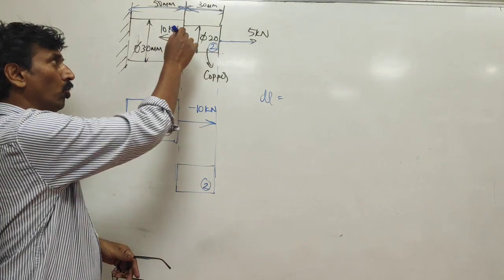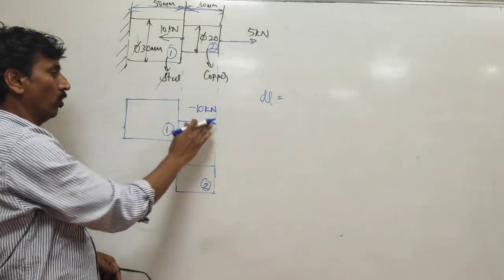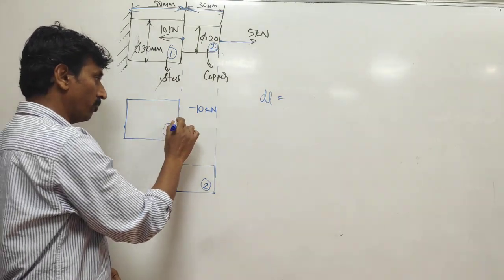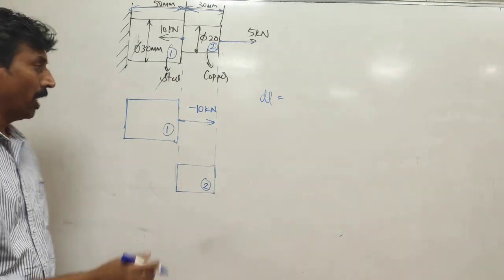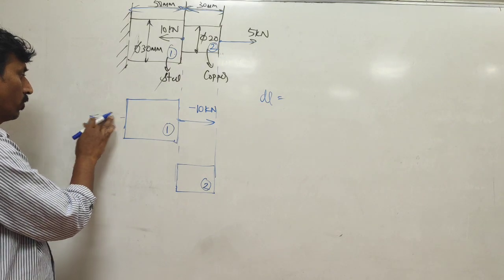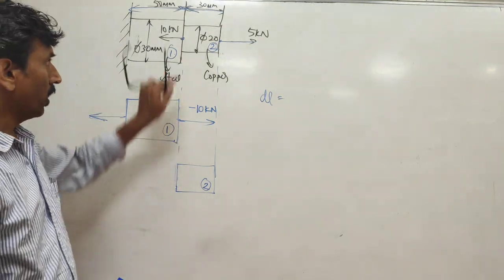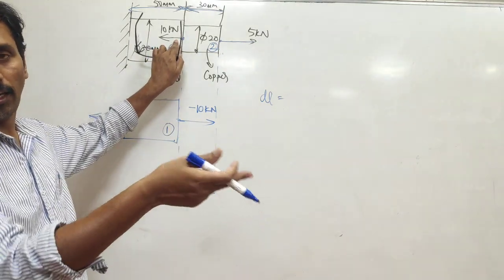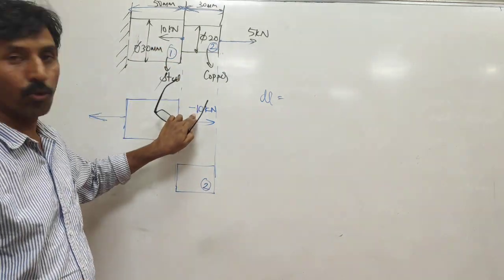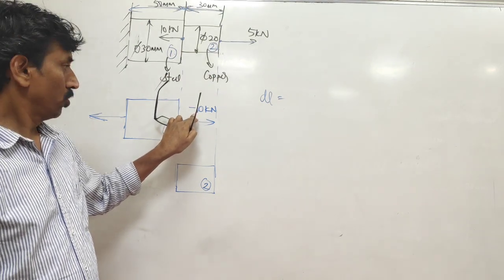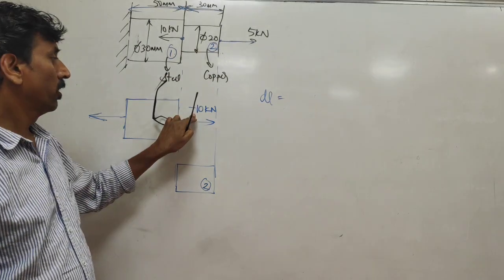Every time, the first thing you should do is draw an arrow mark facing outwards, which means it is acted upon by tensile. But it is not acted upon by tensile, it is acted exactly opposite of tensile. So I should write it as minus 10. Okay, please keep this in mind.